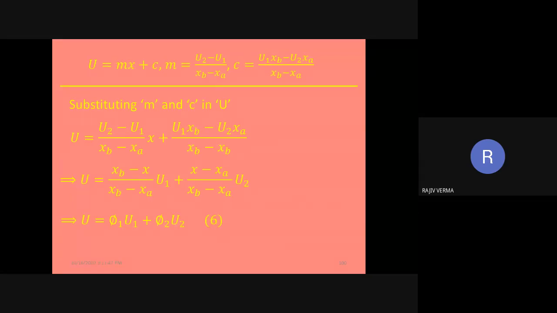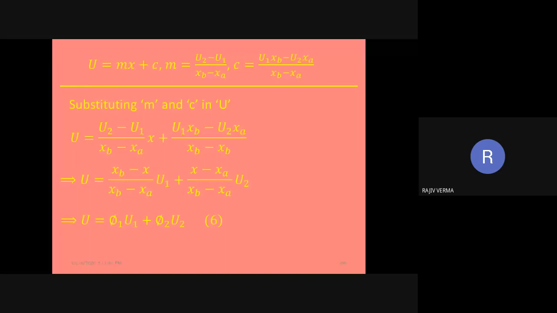Now in this expression number 6, there are two terms. One term is phi1 u1 and the other term is phi2 u2. That is because we had a linear element. The linear element itself had two nodes, so we are getting two terms over here.